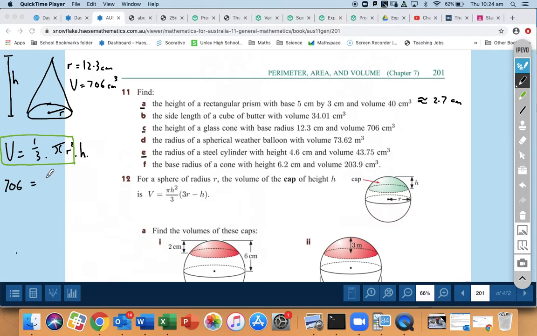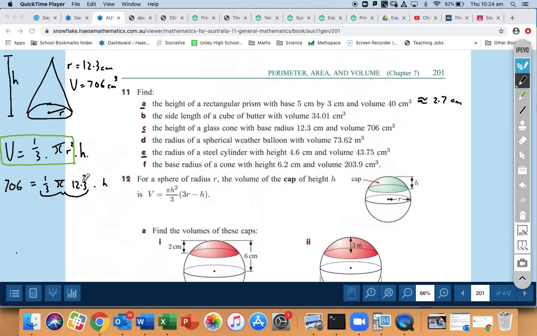We've got 1/3 times pi, it's just a number, times 12.3 squared times a height. What I'm going to do next is make all of that just one number. So I'm going to do 1/3 times pi times 12.3 squared.